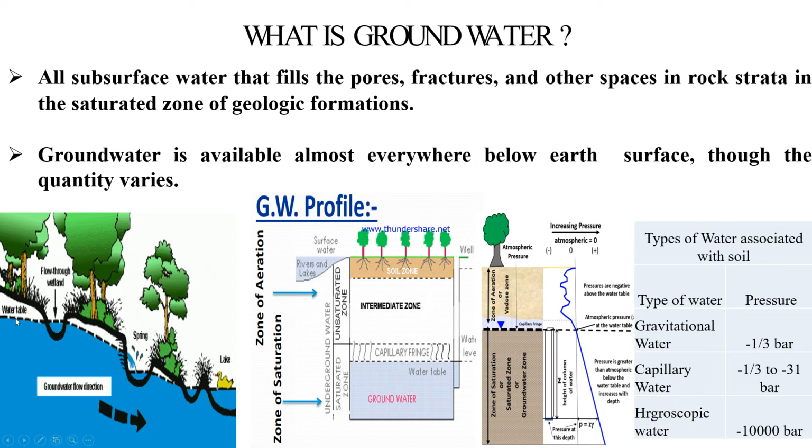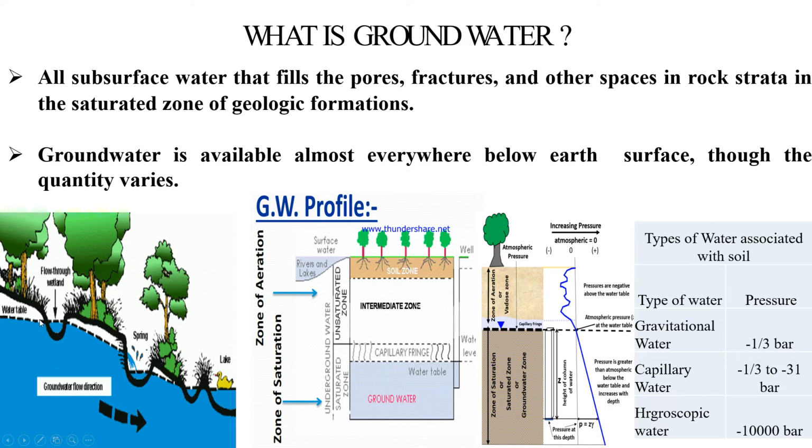The water table is somewhat above the wetland, so some of the groundwater can contribute into the wetland, and from the wetland it goes again to groundwater. There is some mixing taking place. This is known as the hyporheic zone. Again it goes out as a spring, again to groundwater, again to some lake.